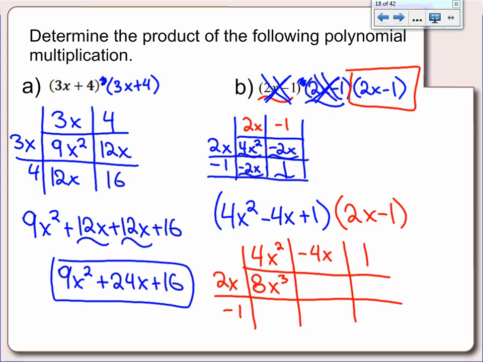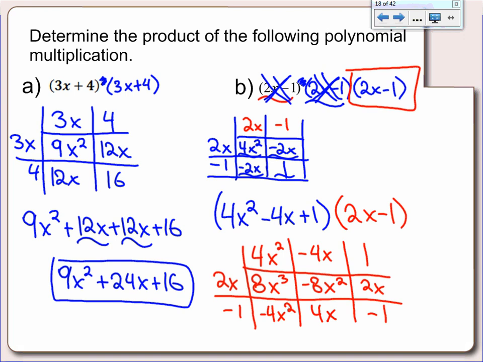Down here we get negative 4x squared, we get positive 4x, and then we get negative 1. And again, your last step is to collect like terms. I'm going to use the quick method again, so I'm going to collect like terms as I write them out.